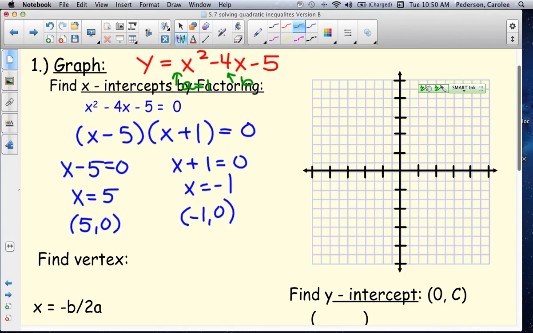And my b value is -4. So we're going to take opposite of b over 2a. So if you want to write this down here, a equals 1 and b equals -4.